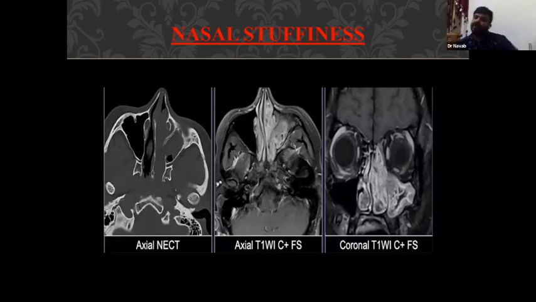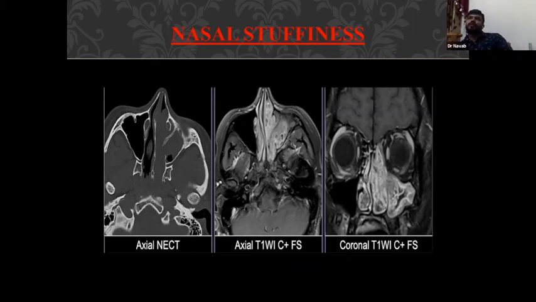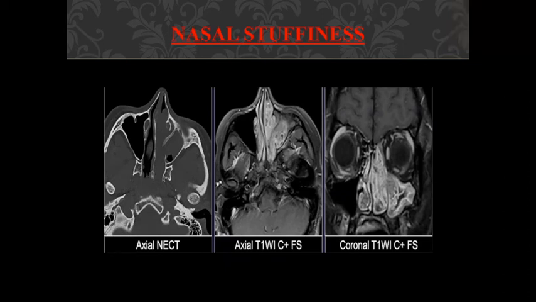So how do you differentiate it from the antrochoanal polyp? On MRI, it has a typical cerebriform pattern. Okay. What is the appearance of the antrochoanal polyp on contrast MRI? It will have peripheral post-contrast enhancement, peripheral mucosal enhancement, right?